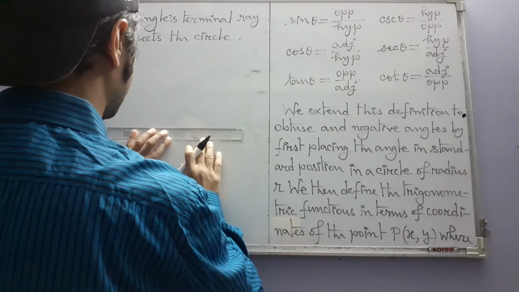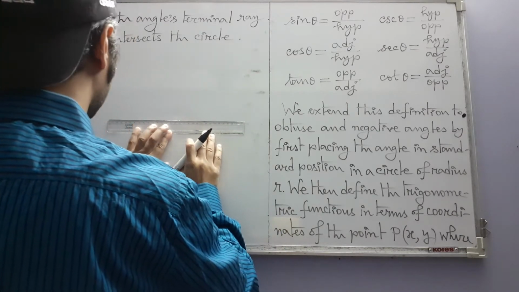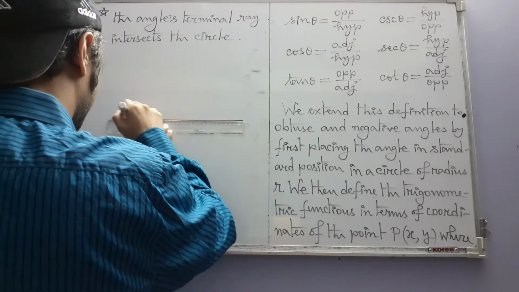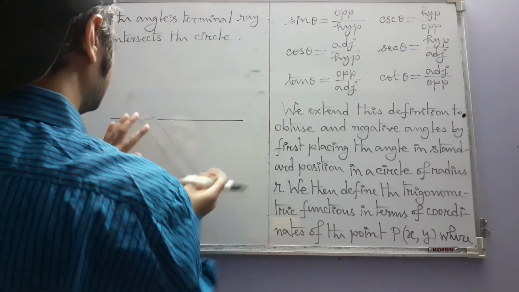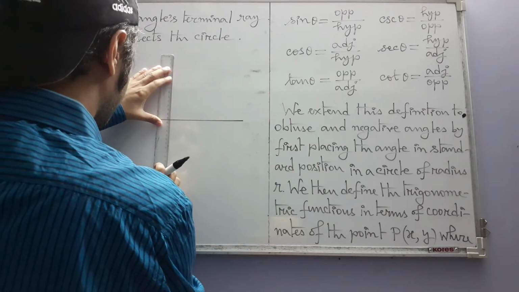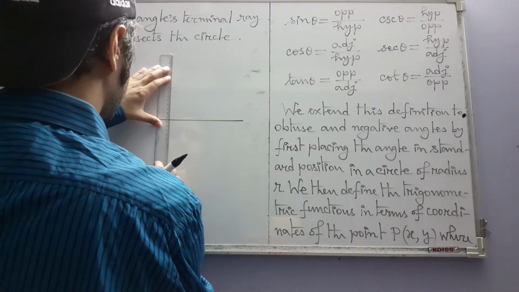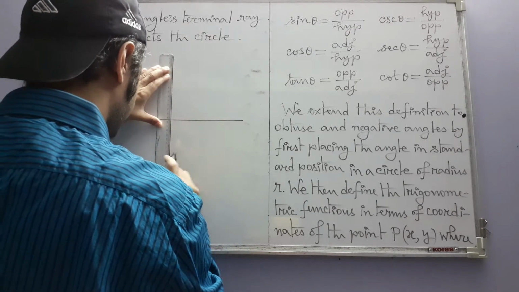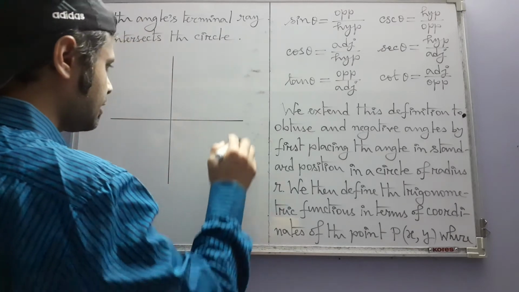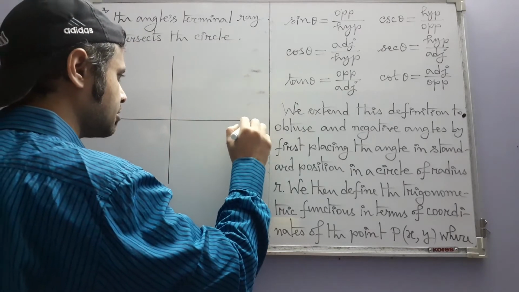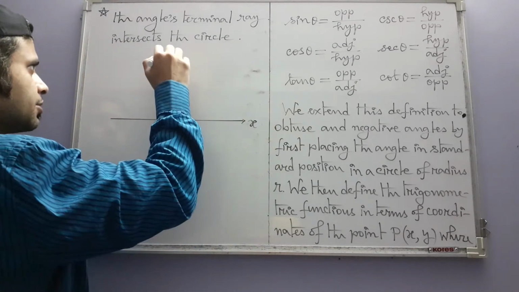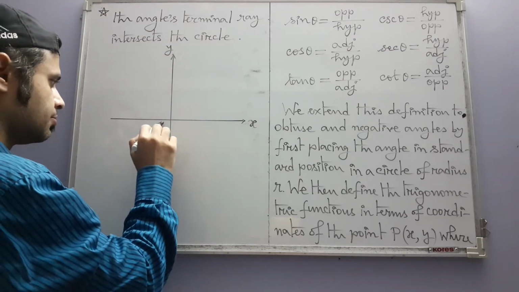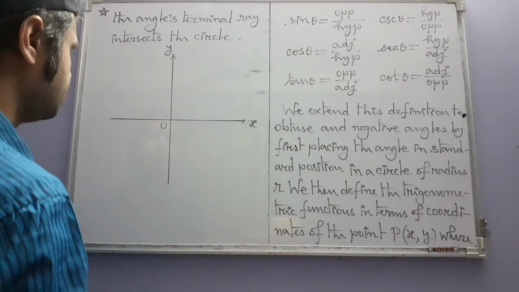So let us first draw the figure and then we can properly define this extension. Now in this drawing, since we need to draw a circle, I will draw a very crude circle. My freehand drawing is very bad, but it will be enough for our purposes. So this is the positive direction of the x-axis, this is the positive direction of the y-axis, this is our origin.